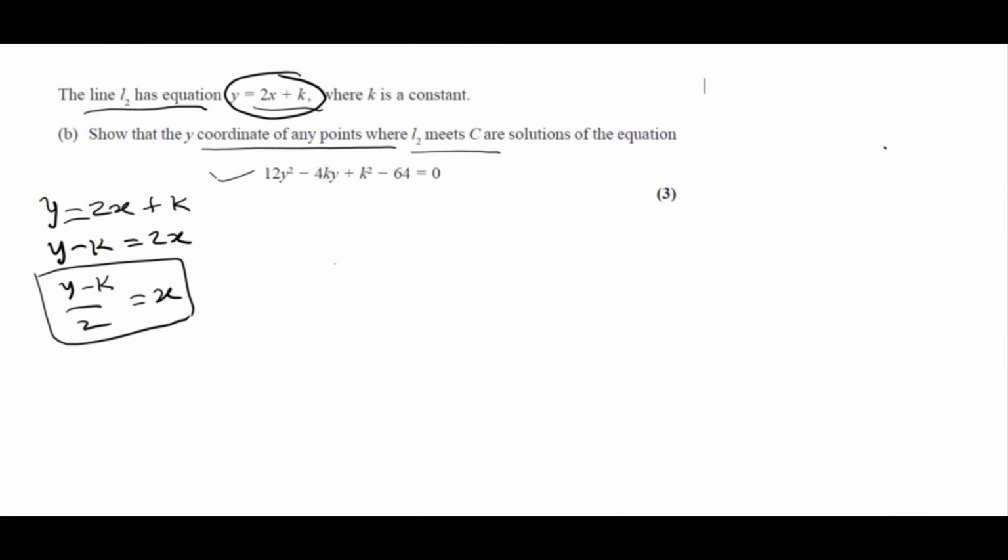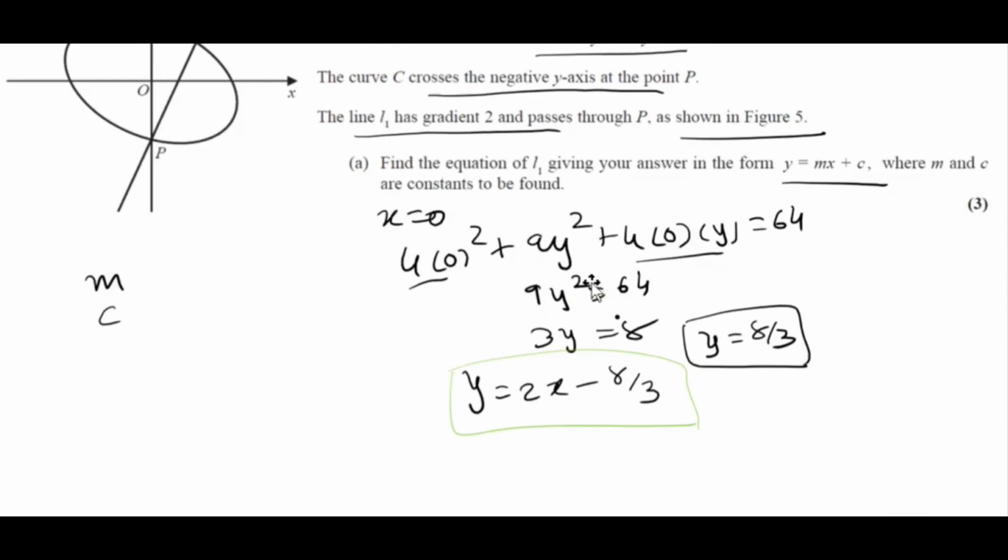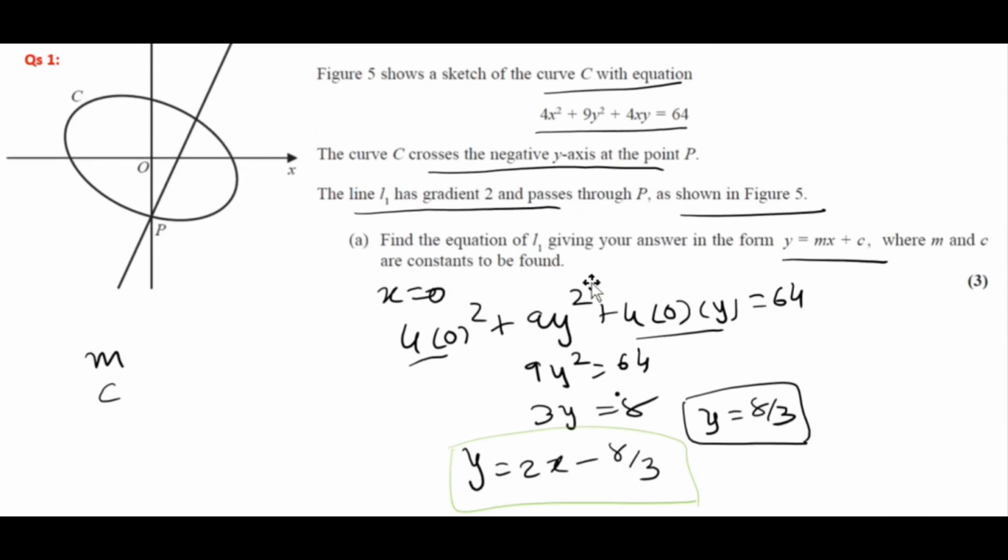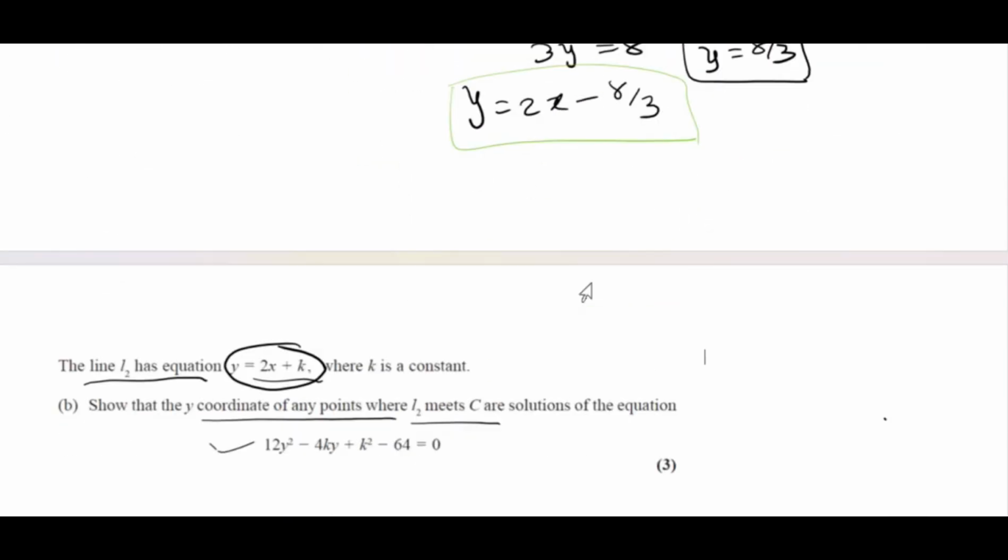So as you can see, our curve equation is this: 4x squared plus 9y squared plus 4xy is equal to 64. So here we are substituting in our curve equation, which is 4x squared plus 9y squared plus 4xy is equal to 64.